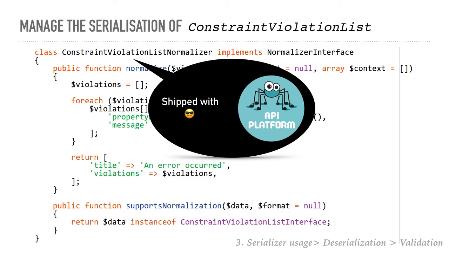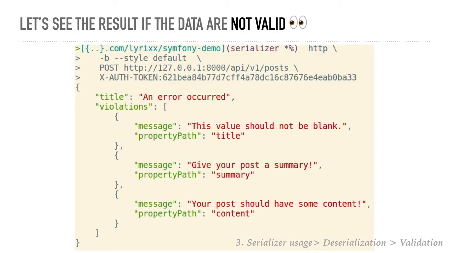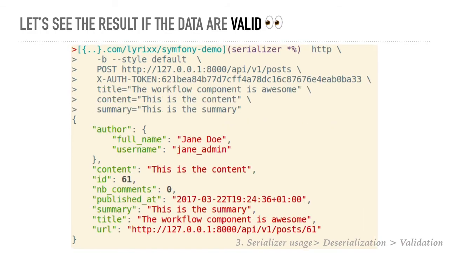You have to know that it's already shipped with API platform, so take a look at this library, because most of the normalizers I'm showing you are already implemented in this library. Let's see what happens if the user posts some data that are not valid. You will have this kind of information according to the normalizer you implemented. And if everything went well, you have all the information like you wanted to.